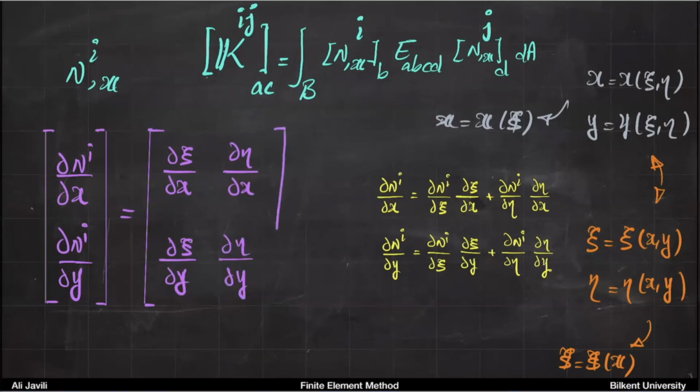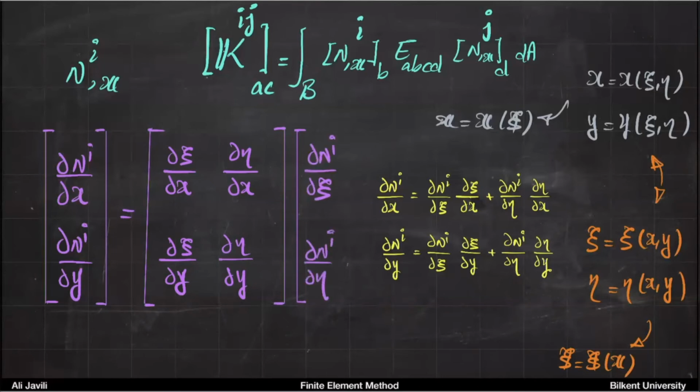Okay, so you construct this mapping, basically, this square matrix. And if I multiply that by the derivatives in the natural coordinate system, then I should get what we want.